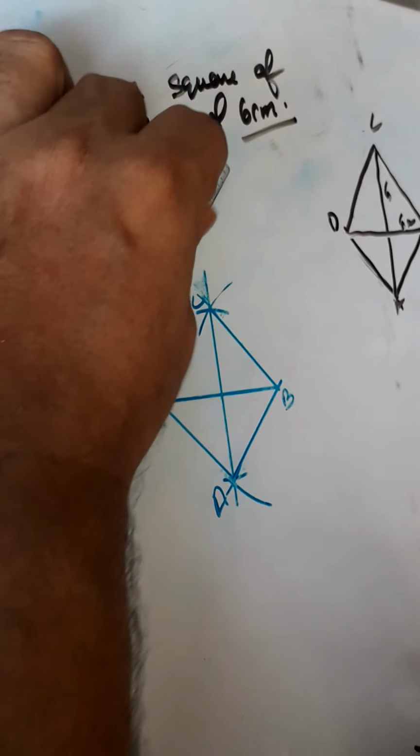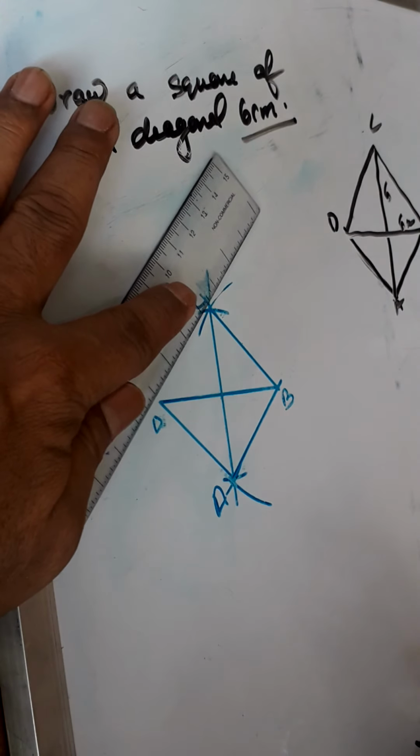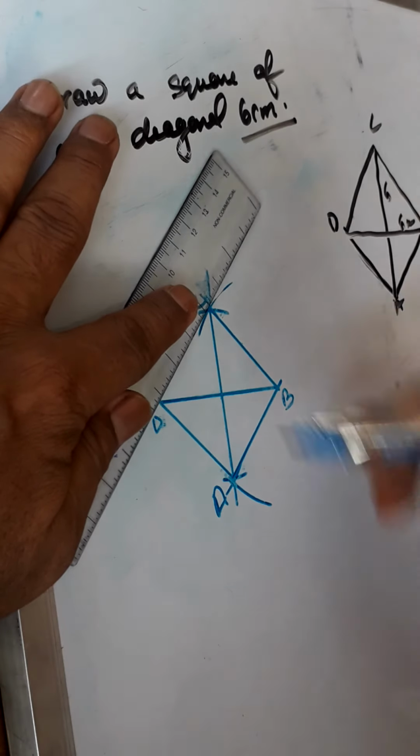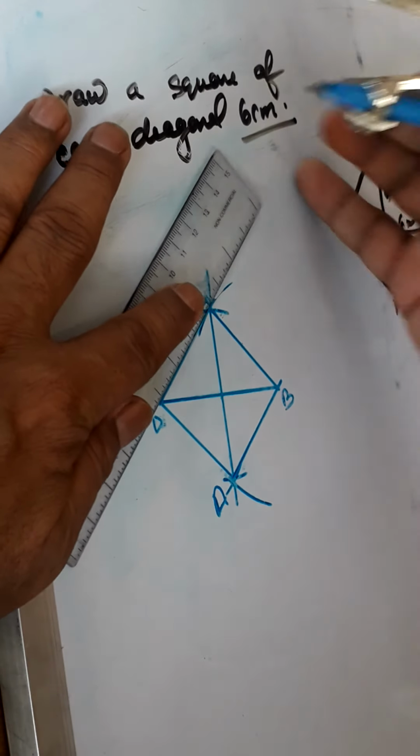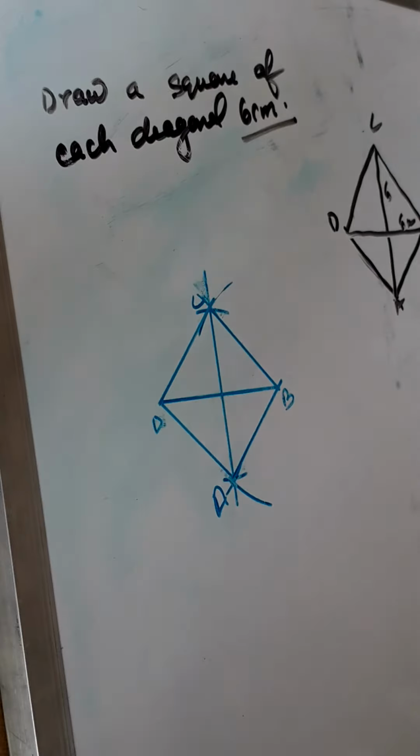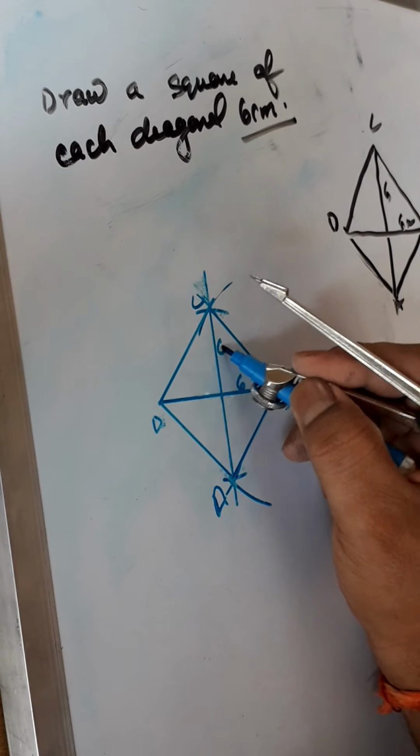And finally we are going to join DC. In this way we have got a square ABCD with each diagonal 6 centimeter.